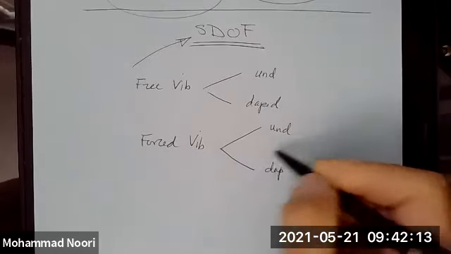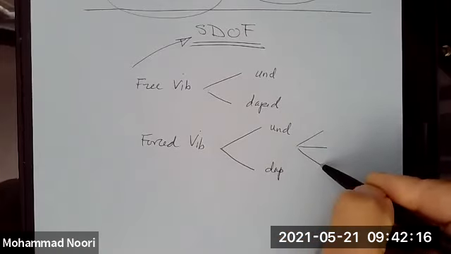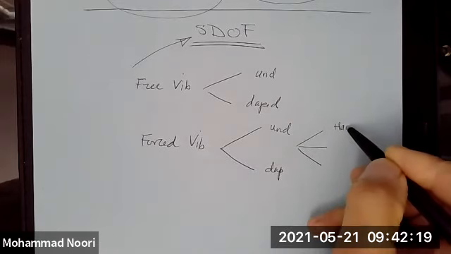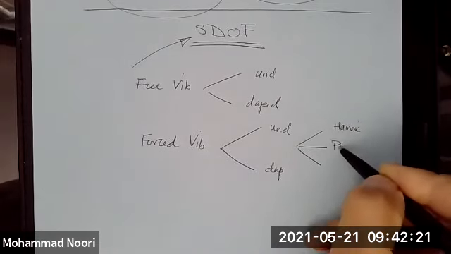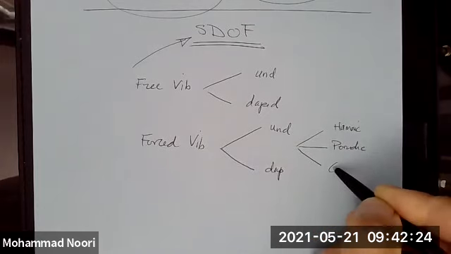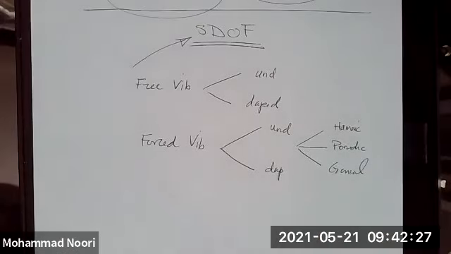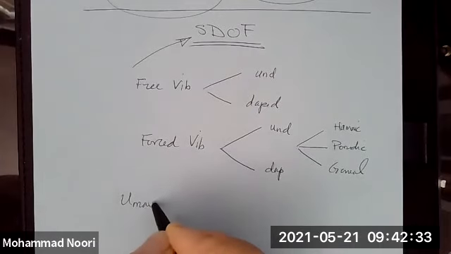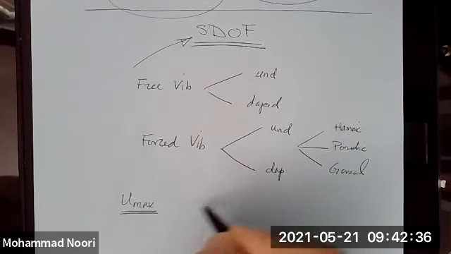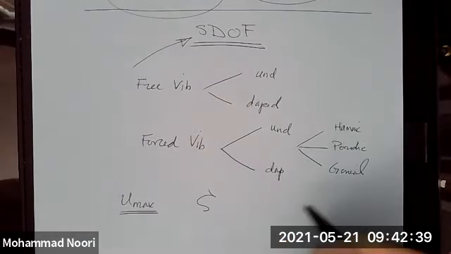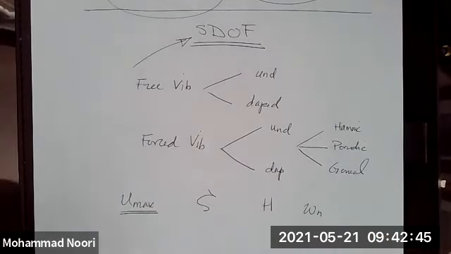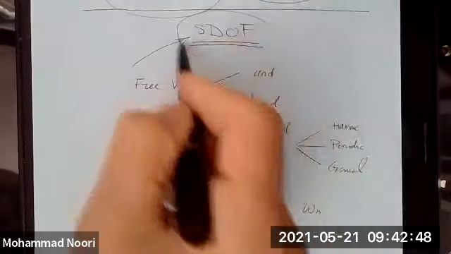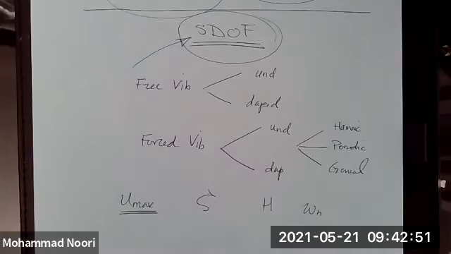Of course, for forced vibration, we discussed harmonic loads, periodic loads, and general loading. Through this, we saw how we can find the maximum response of a system. We introduced concepts such as damping ratio, frequency response function, and natural frequencies, and we saw that by the simple modeling of a mechanical or structural system as a single degree of freedom system, you can do a lot.